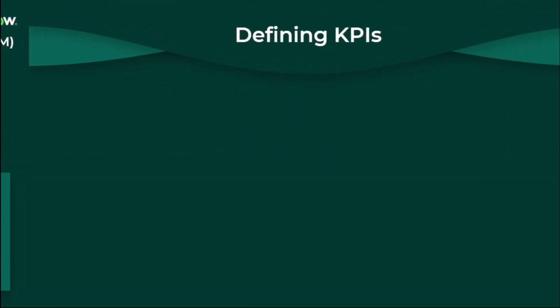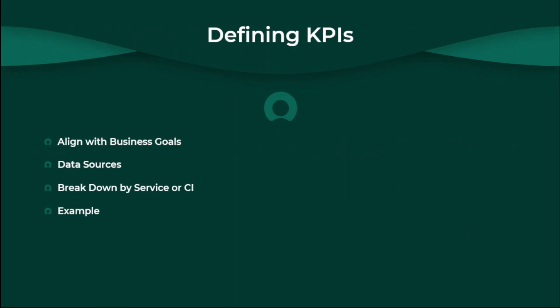Defining KPIs. KPIs, key performance indicators, are the core of performance analytics. Align with business goals: choose KPIs that reflect critical ITOM outcomes like system uptime, resolution time or change success rate.